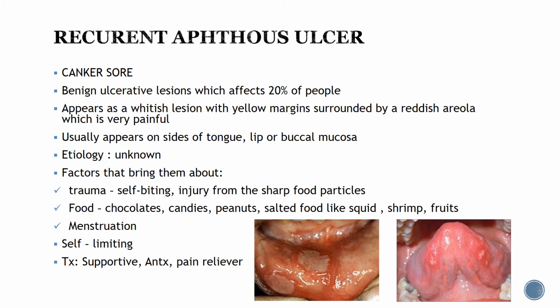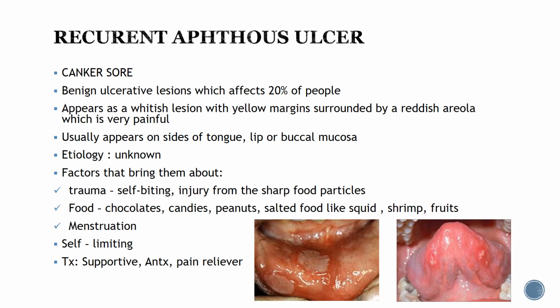Recurrent aphthous ulcer, also known as canker sore, is a benign ulcerative lesion which affects 20% of people. This appears as a whitish lesion with yellow margins surrounded by a reddish areola, which is very painful. It usually appears on the sides of the tongue, lip, or on the buccal mucosa.